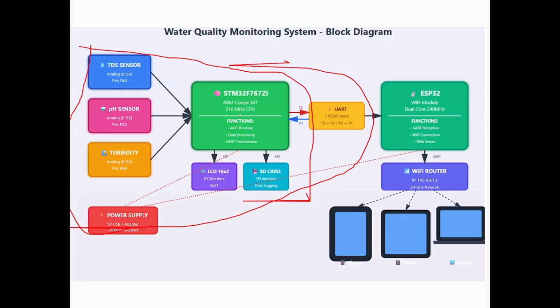But this time I'm using a separate UART on different pins, because now I have to provide the UART data to ESP32. So I'm using jumper wire. Instead of our onboard UART pins, I selected two other external pins, which I will show you in the circuit diagram or in the demo.